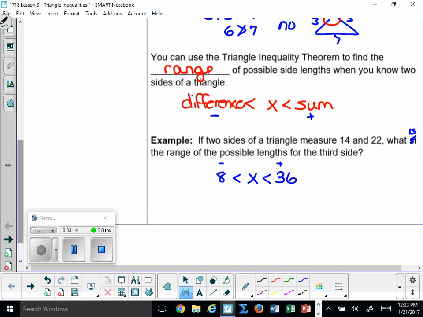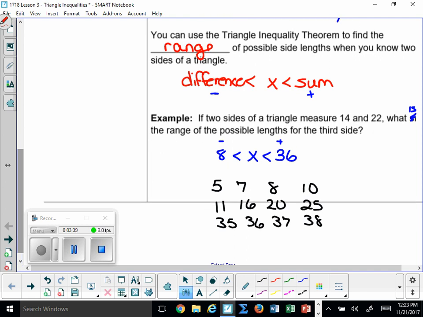Now let's say I give you a bunch of numbers, and I ask you to select which of these side lengths could be a third side for this triangle.